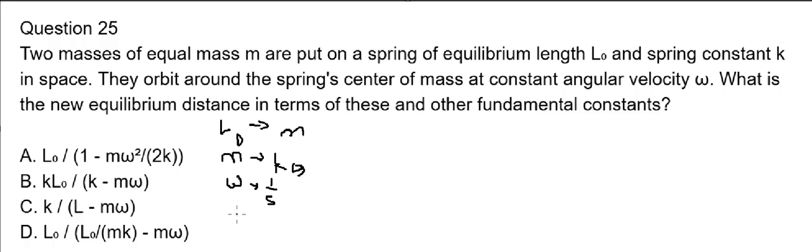And then lastly, we have k, our spring constant, which has units of newtons per meter, or what we're going to be using in this case, kilograms per second squared.